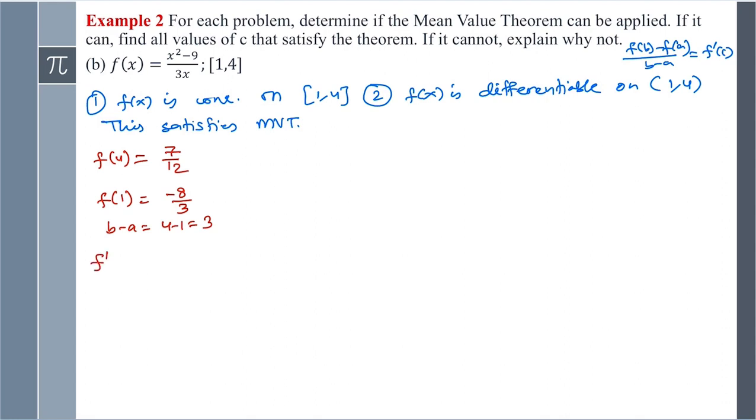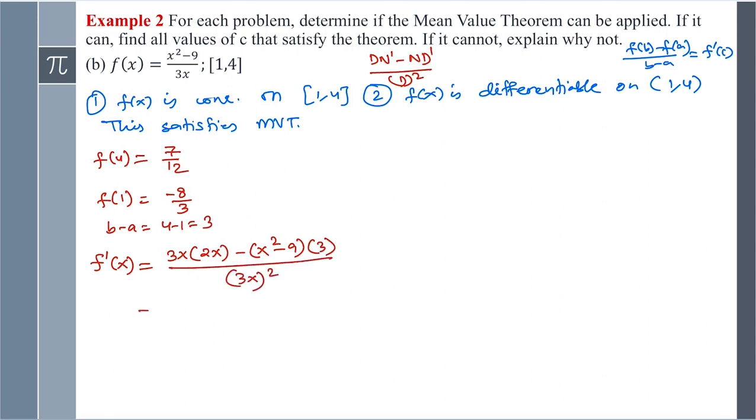So f prime of x equals, now for the derivative we have to use the quotient rule. If you remember, the quotient rule is denominator times derivative of numerator minus numerator times derivative of denominator, divided by denominator squared. So your denominator is 3x times the derivative of the numerator, which is 2x, minus the numerator x squared minus 9 times the derivative of the denominator, which is 3, divided by 3x squared.